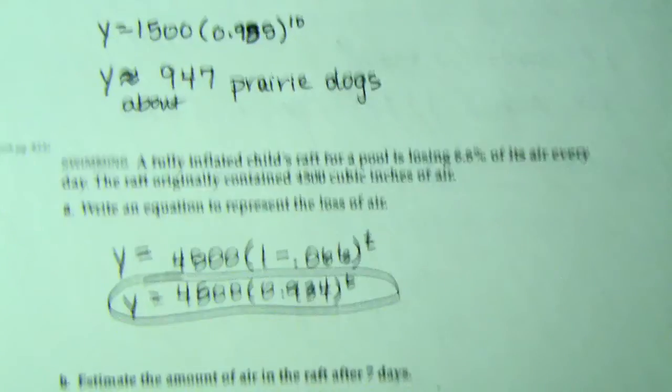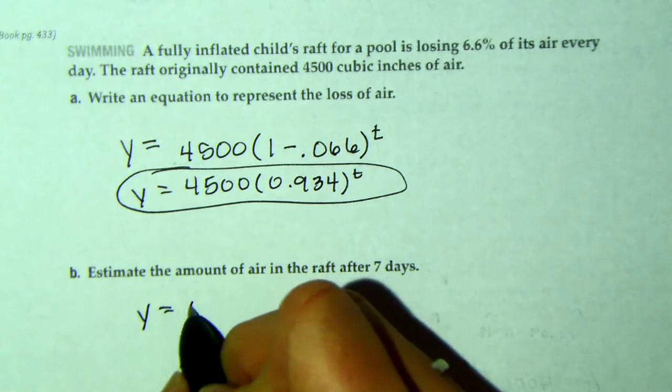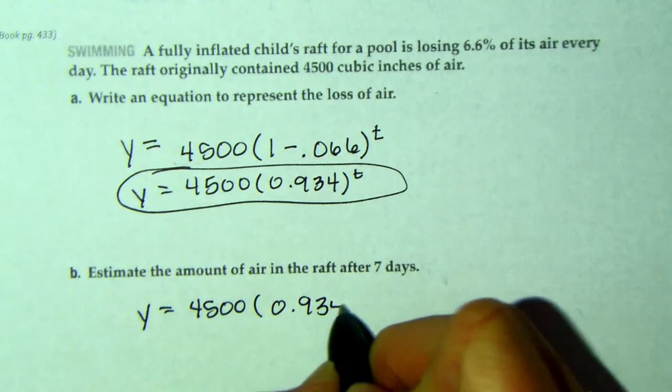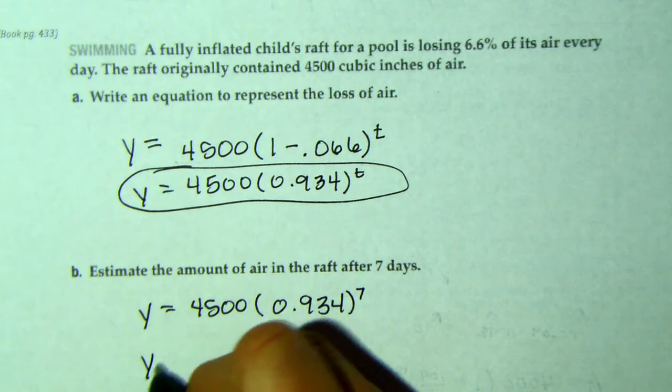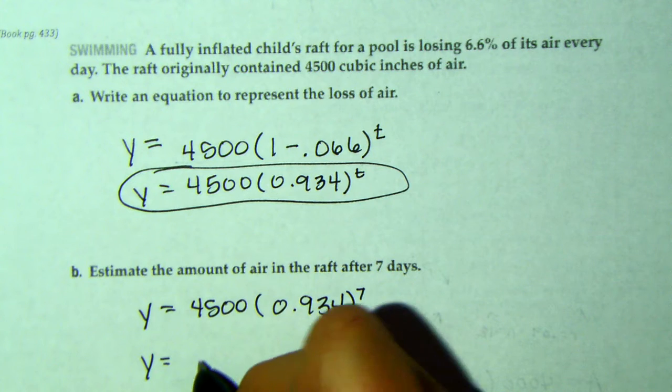Now for B, after 7 days, what's the amount? So now we just take that equation and we plug 7 in for T. So 4,500. And remember, this is amount of air, so we can probably go a couple decimal places.